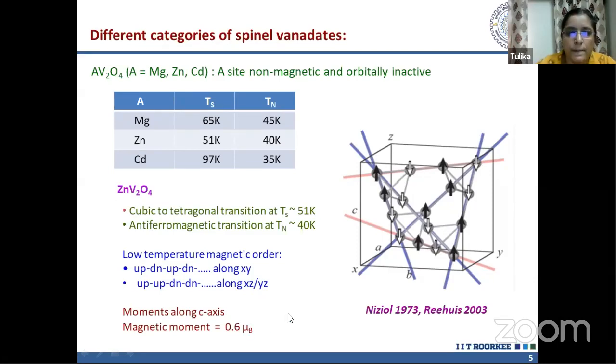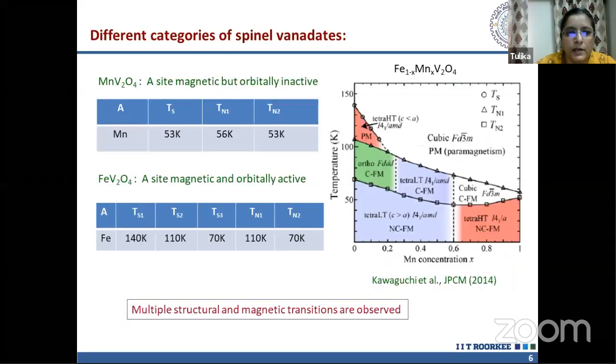Okay, so this is the class of compounds where the A site is non-magnetic and orbitally inactive. So then comes another class of compounds, like MnV2O4, where the A site is magnetic but orbitally inactive.